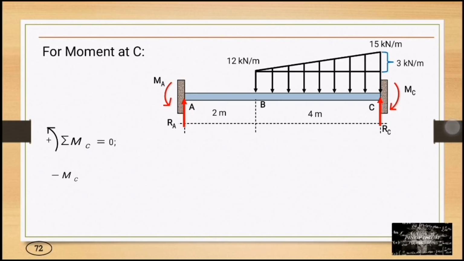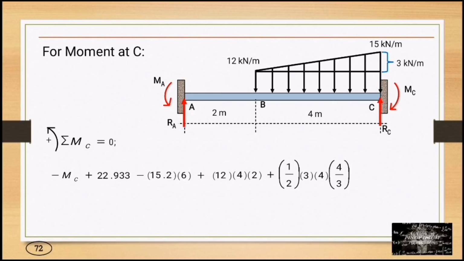So, negative MC plus 22.933 minus 15.2 times 6 plus 12 times 4 times 2 plus 1 half times 3 times 4 times 4 over 3 is equal to 0. So, yung MC is equal to 35.733 kilonewton meter. Okay?